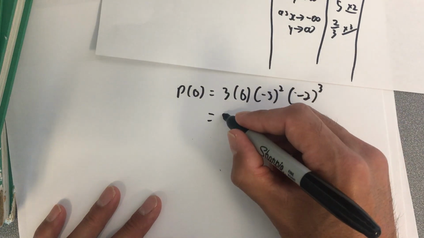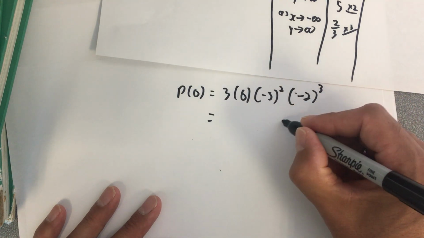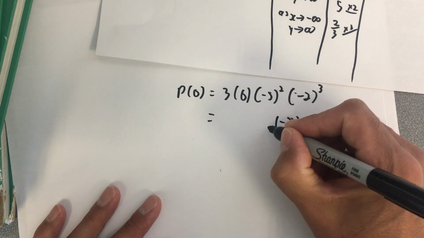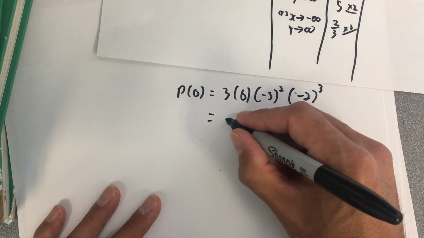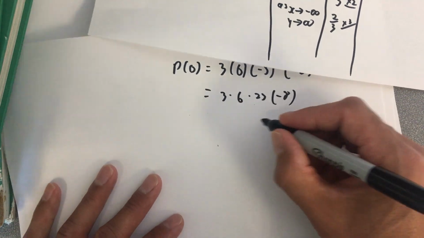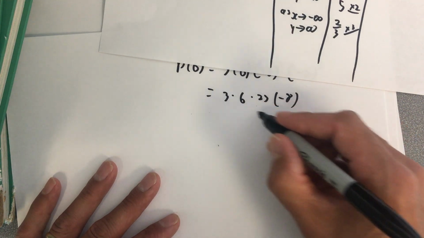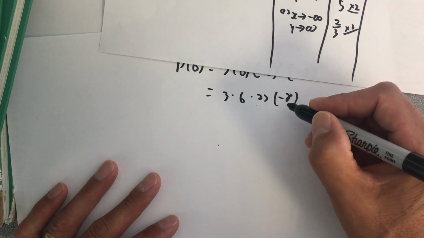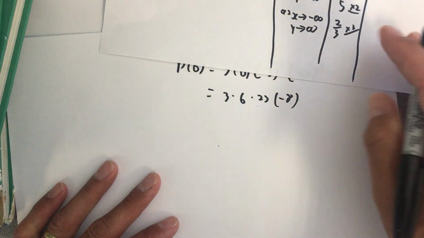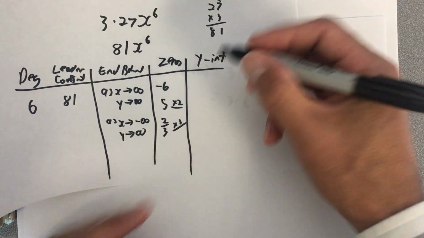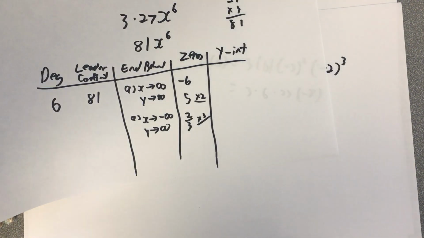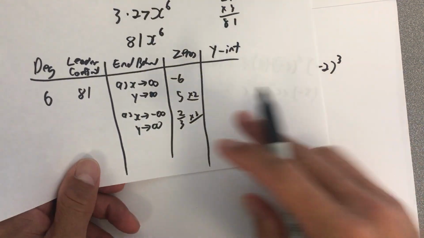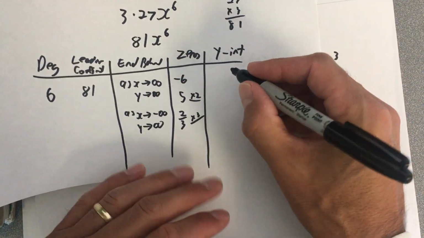So that's negative 8 times 25 times 6 and times 3. If you multiply all of these together, you're going to get this large negative number, and that's your y-intercept. So I'm just going to write here it's a large negative. It's in the thousands. And I won't waste your time doing all of that arithmetic.